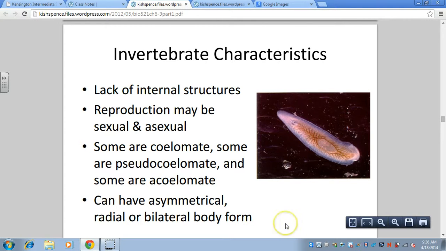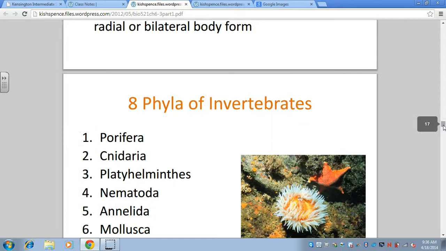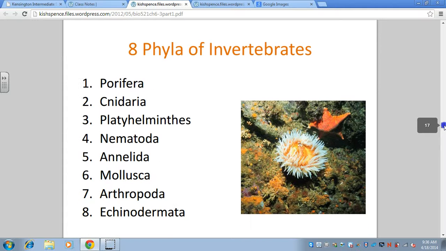Their reproduction may be sexual or asexual because a lot of them have an asexual means like budding or binary fission or regeneration. Some are coelomate, some are pseudocoelomate, and some are acoelomate. And they may be asymmetrical, radial, or bilateral in their symmetry. So we're going to take a closer look at each.